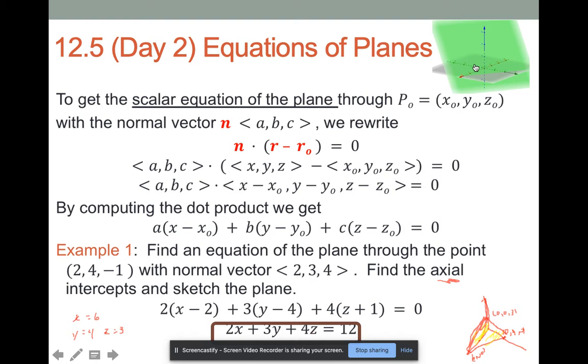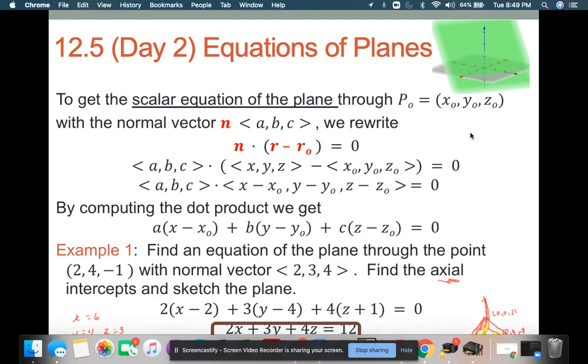Come on, computer, you can do it. This was a long wait for something that's not all that impressive. It's just a picture of a plane. But I did use this one sketch. I'm going to demonstrate something with example 1 and another example that we use. So I guess it's worth the wait.